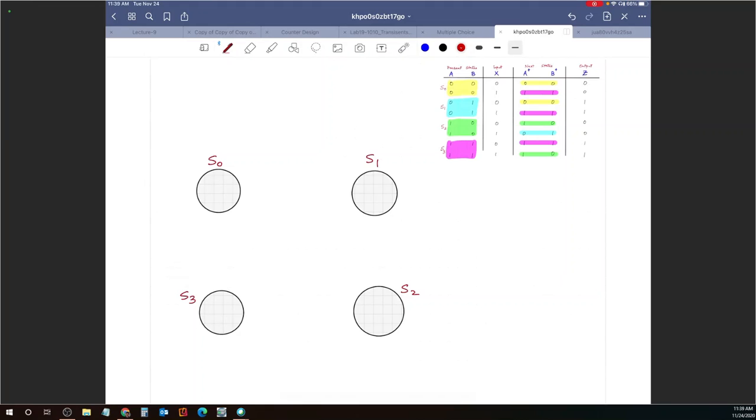Now, if you are in state 0 and you get a 0, you stay there. You are still in state 0. So that would correspond to me drawing a self loop. By the way, in state 0, I should probably just move them inside.